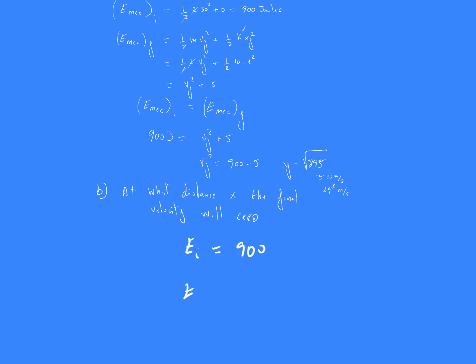So the object will stop, not for a second, for a millisecond, at x equals 13.5 meters from the equilibrium position, from the position where the object is at equilibrium.